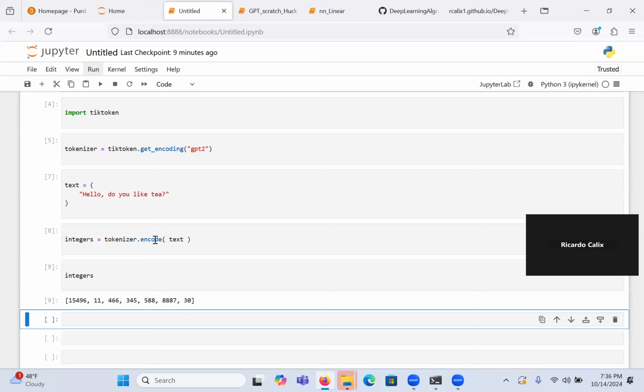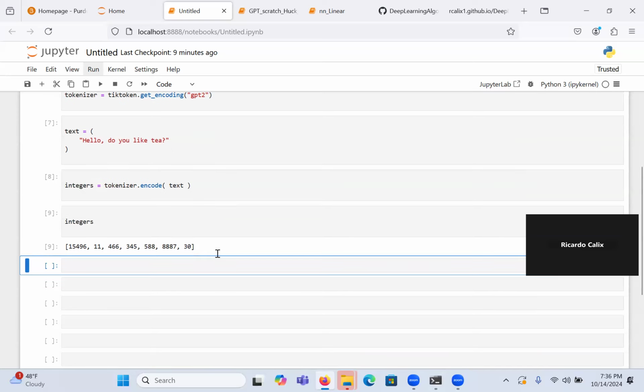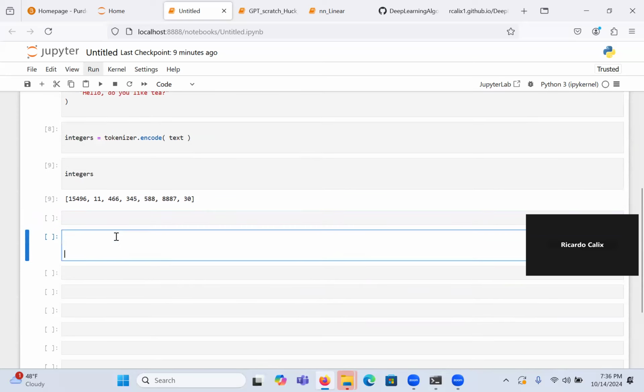So I did encode, right? Yeah, so we're going to do decode. So this would be strings, tokenizer dot decode integers.